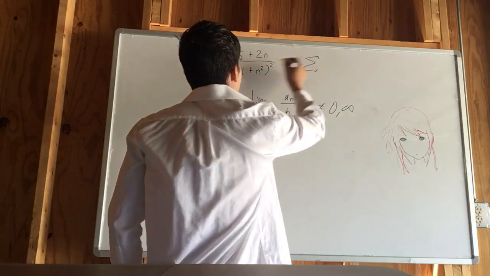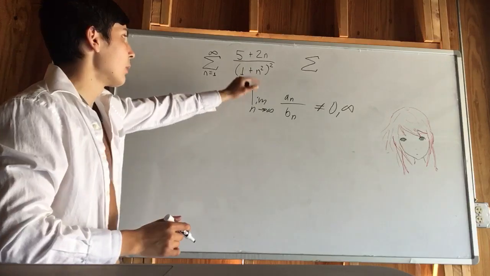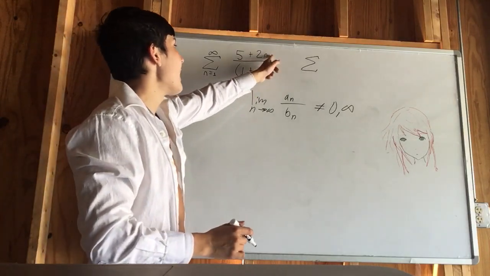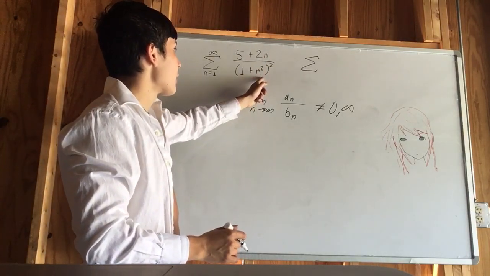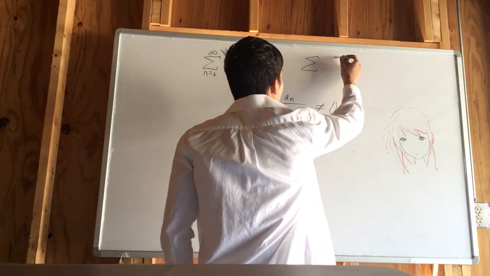So what is going to be our comparison? Well, we tend to just have something simple, like removing all the nonsense. If we remove all the nonsense, we just have n, and we have n squared squared. So we would have 1 over n cubed.